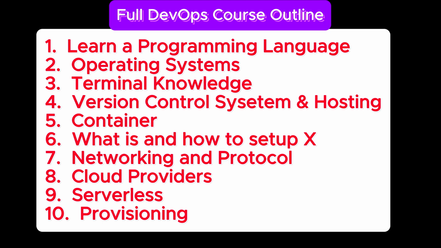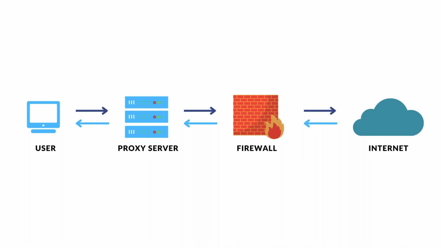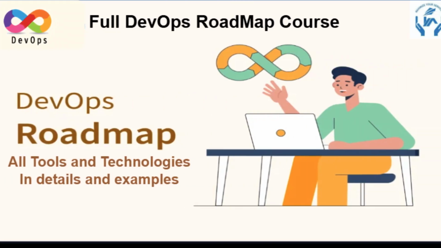Next is what it is and how to set up a forward proxy, reverse proxy, load balancer, firewall, caching server, and web server. We will be covering all of this. It would be a great series, a complete course where you will be enjoying a lot, and after completing this course, you will be a good DevOps engineer.